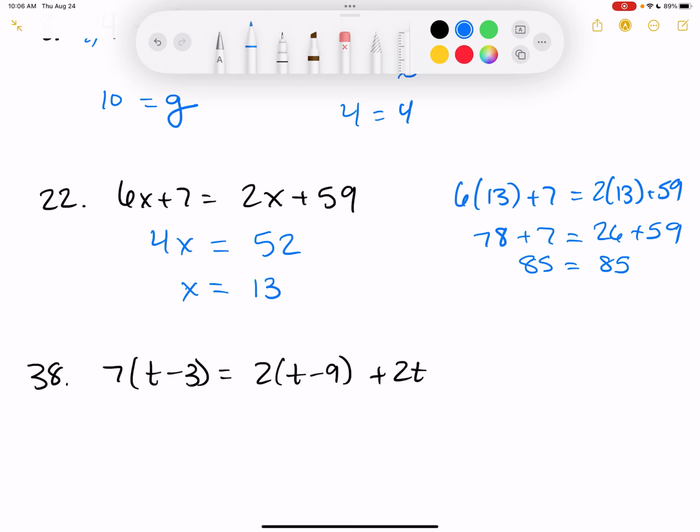So that gives me what? 7t minus 21 equals 2t minus 18. Add 18.